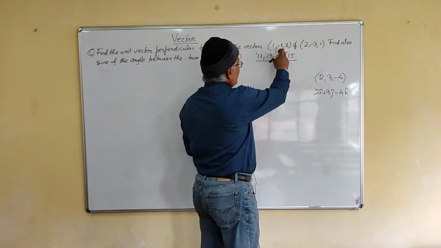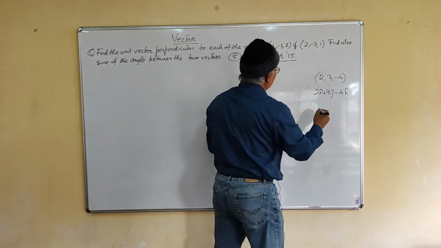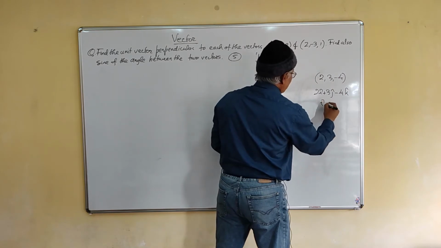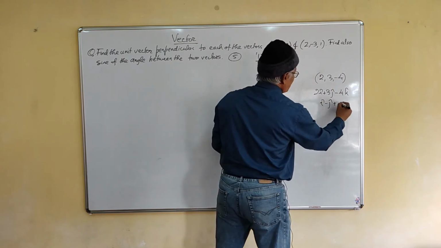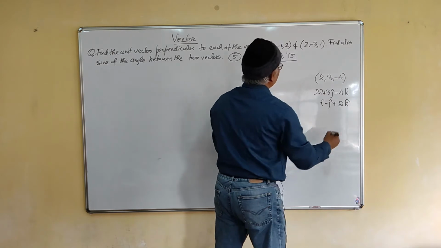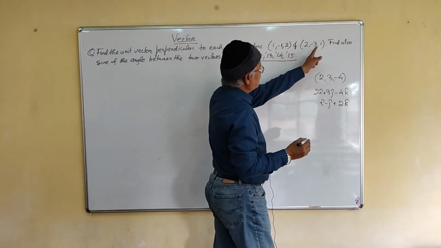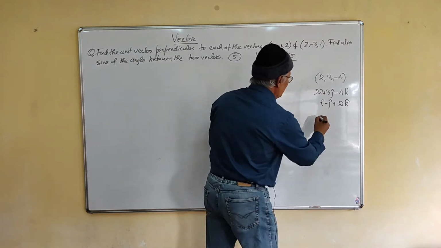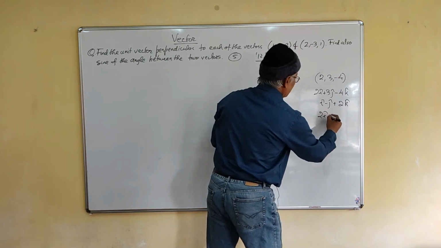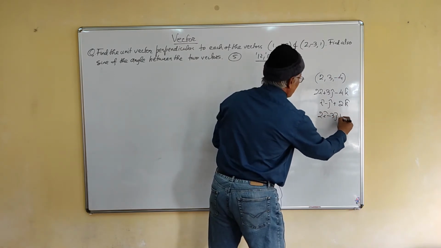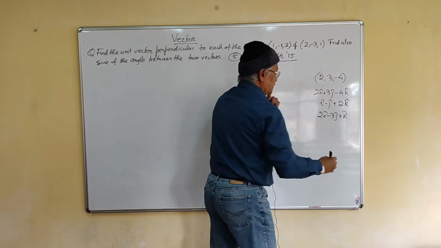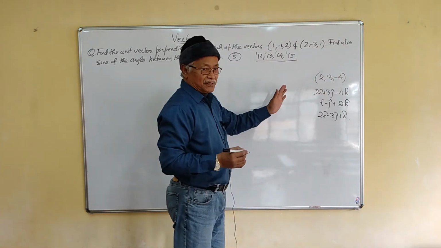So (1, minus 1, 2) will be i minus j plus 2k, right? And what about (2, minus 3, 1)? It will be 2i minus 3j plus k, right? I hope it is clear.